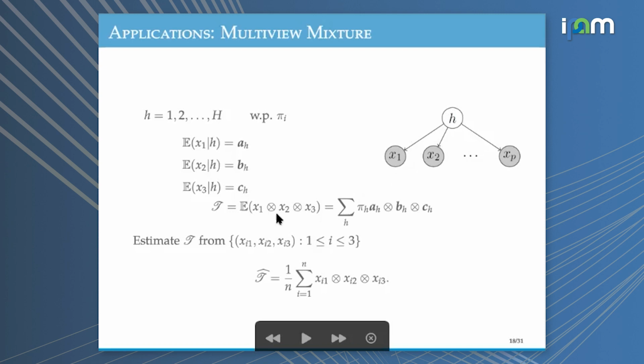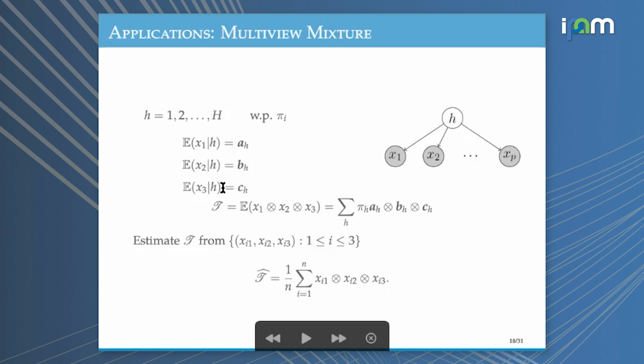So you have X1 to XP, let's just say you have 3 different measures, and these are multivariate, each of dimension D. Then you can formulate this as a tensor problem in the sense that if I look at the third order moments, basically the cross moment of x1, x2, x3, this will be a third order tensor. The moment tensor will be of third order, and each component would depend on the mean of each one of them.